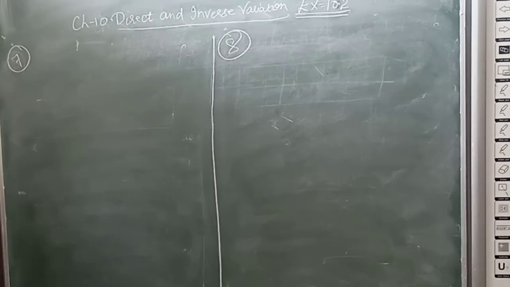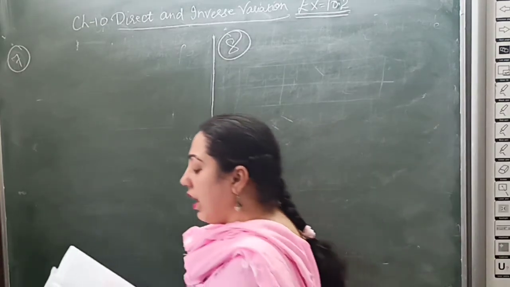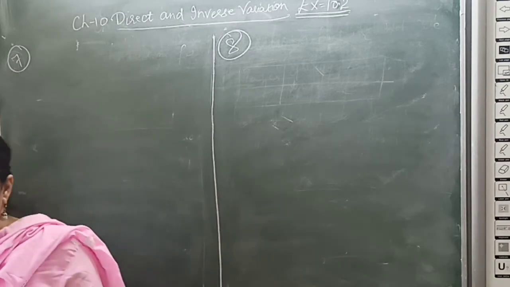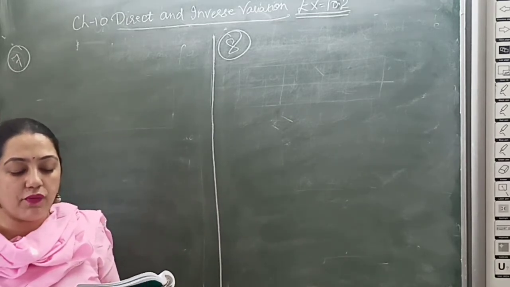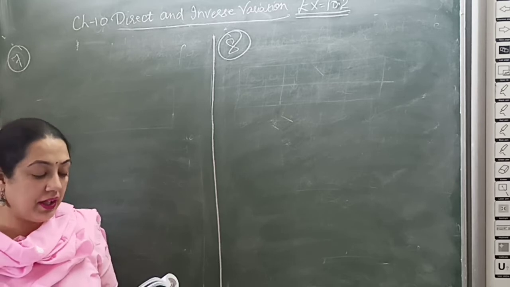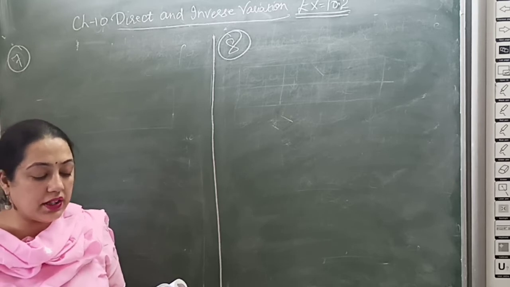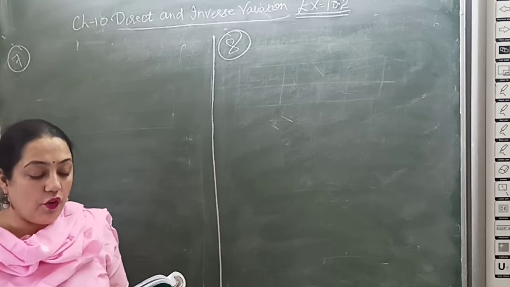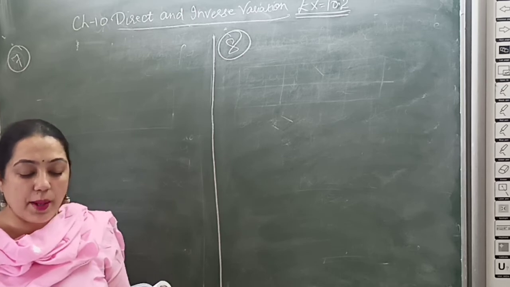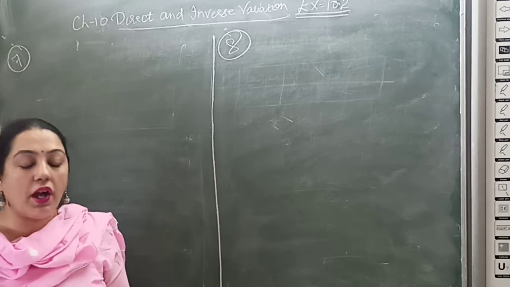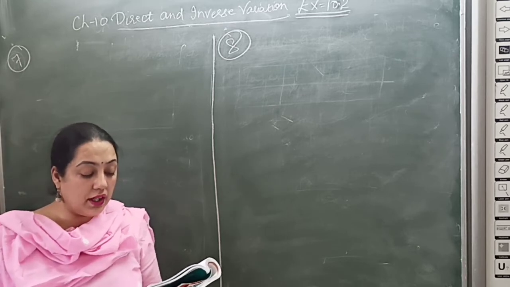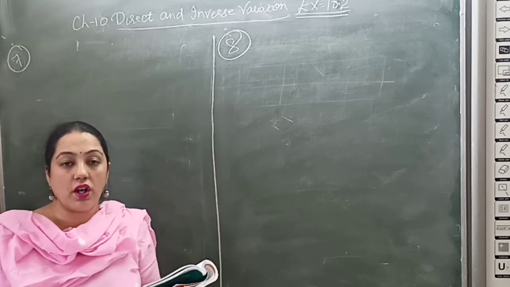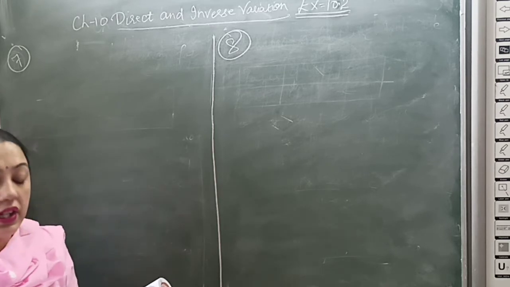Sum number 7 is, a contractor undertook a contract to complete a part of a stadium in 9 months with a team of 560 persons. Later on, it was required to complete the job in 5 months. How many extra persons should he employ to complete the work? And now he finished the work in 5 months. First of all, he completed the work in 9 months.